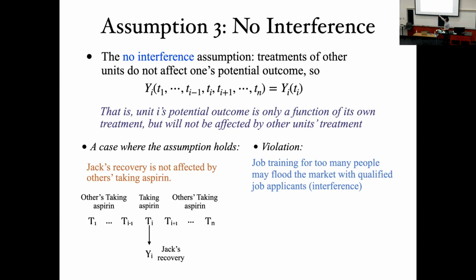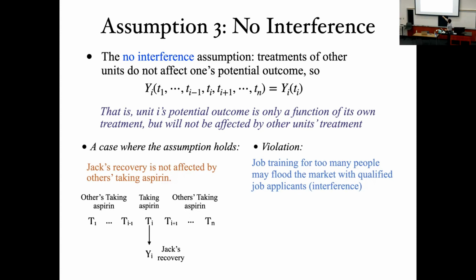This is the potential outcome for subject i, given the treatments on many subjects right here. And this is nothing but the potential outcome for this subject given its own treatment. You can ignore all the remaining treatments on other subjects. That's why we say there is no interference among those subjects.